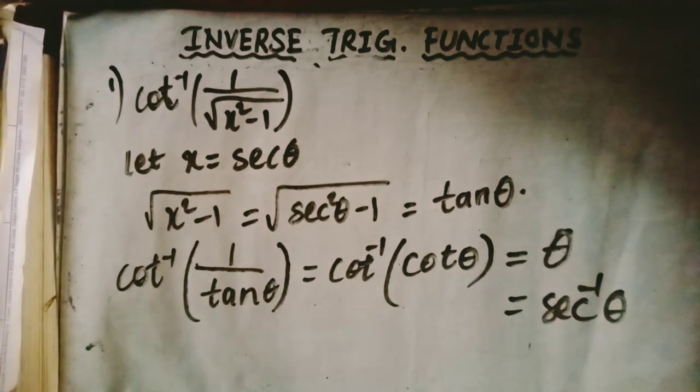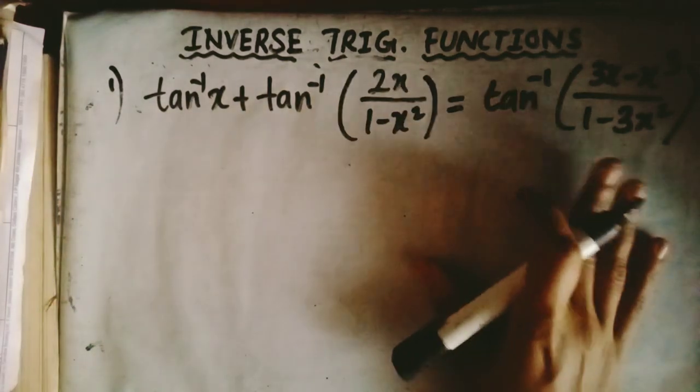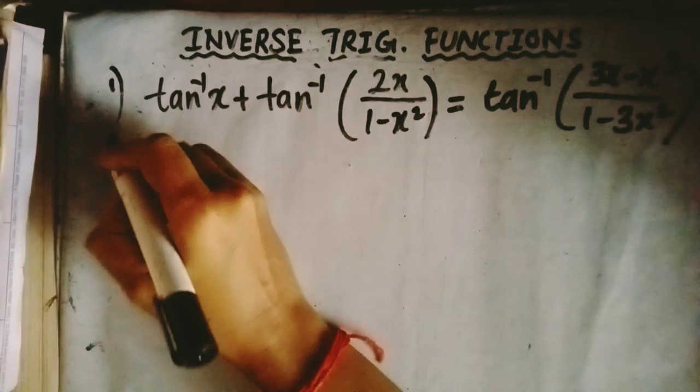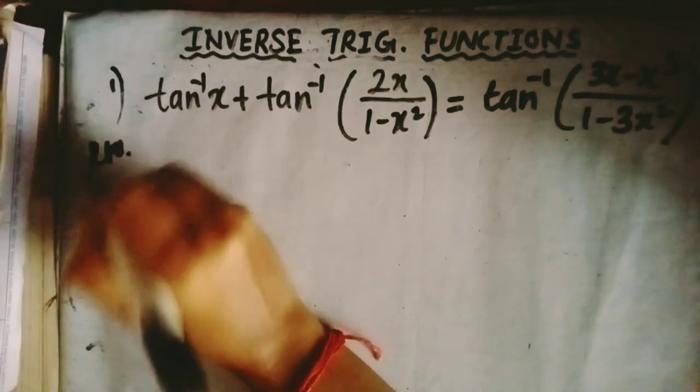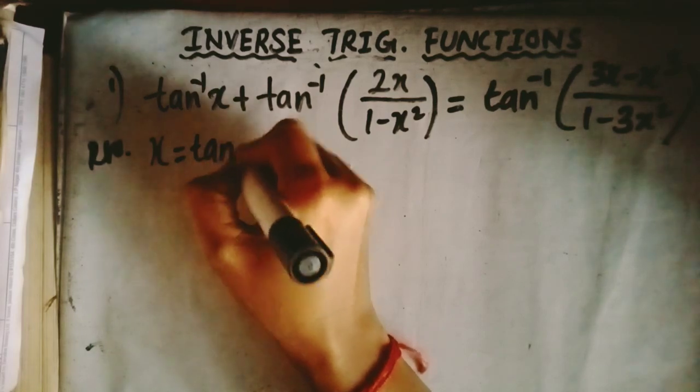Okay, let's prove this. So tan inverse of x plus tan inverse of 2x upon 1 minus x square. So we have to prove it equal to this. Okay, so I substitute x equal to tan theta.